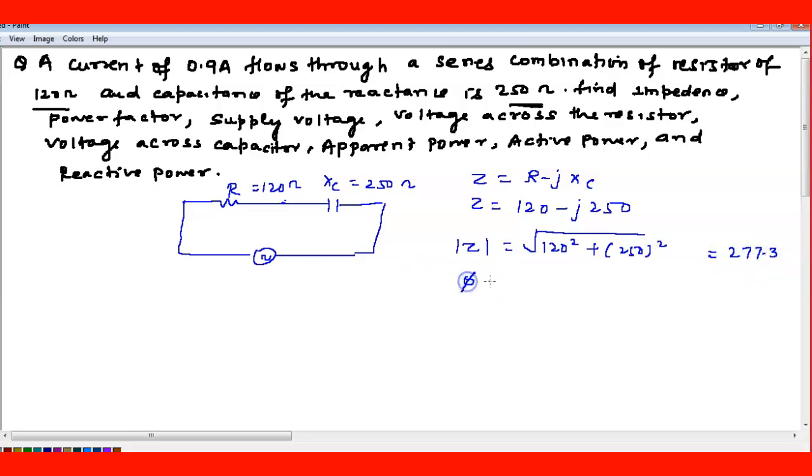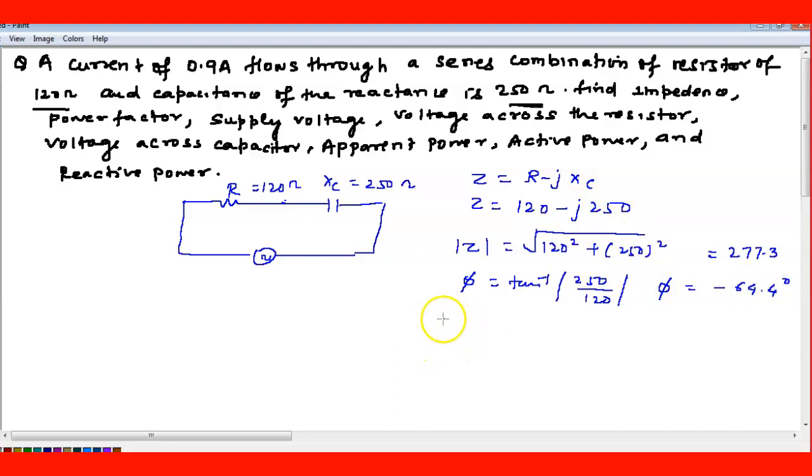And if you find the phase difference, it is tan inverse of 250 by 120, which gives 64. Because X is positive and Y is negative, we will get minus 64.4 degrees.